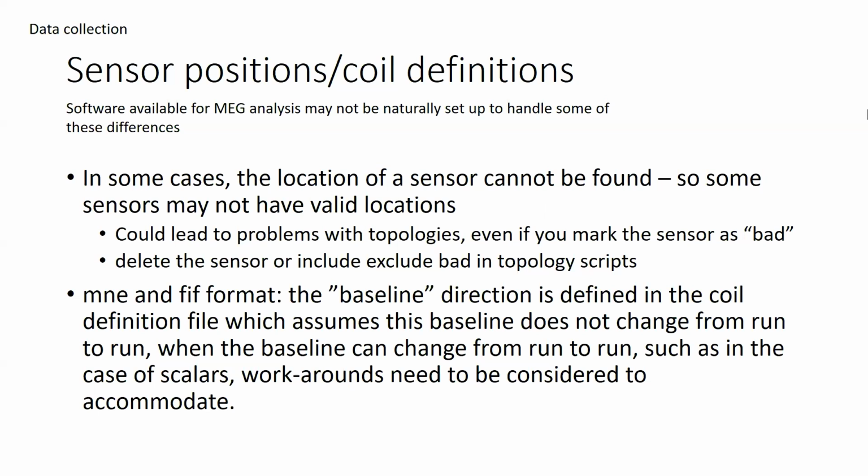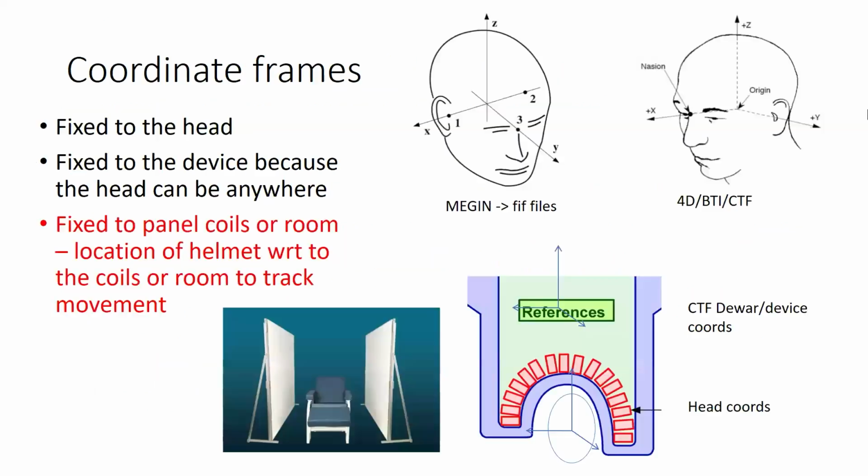Actually, FieldTrip is more flexible, but with the actual FIF format and the coil definition, this can be a challenge in terms of future scalar magnetometers that you might be using in your research.